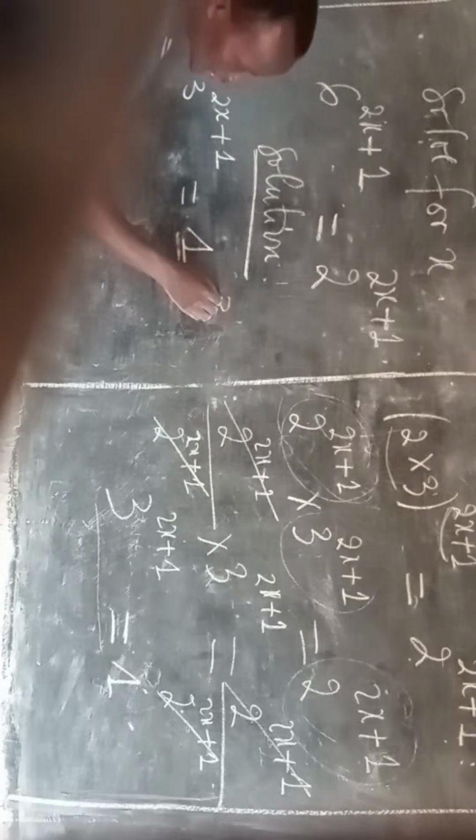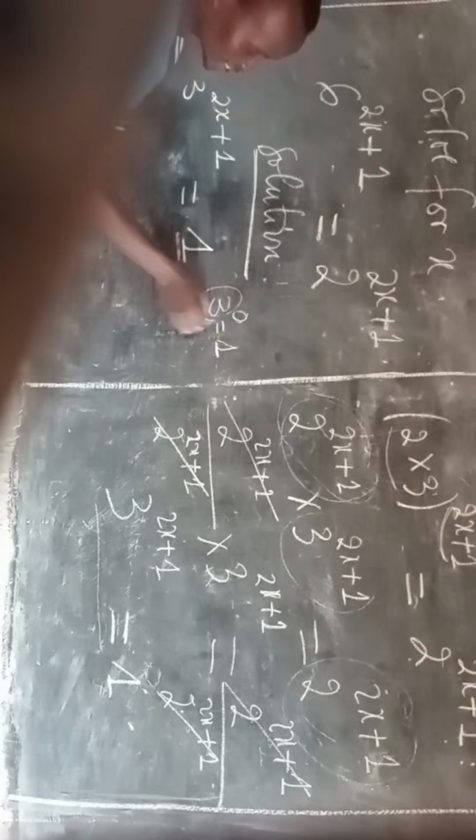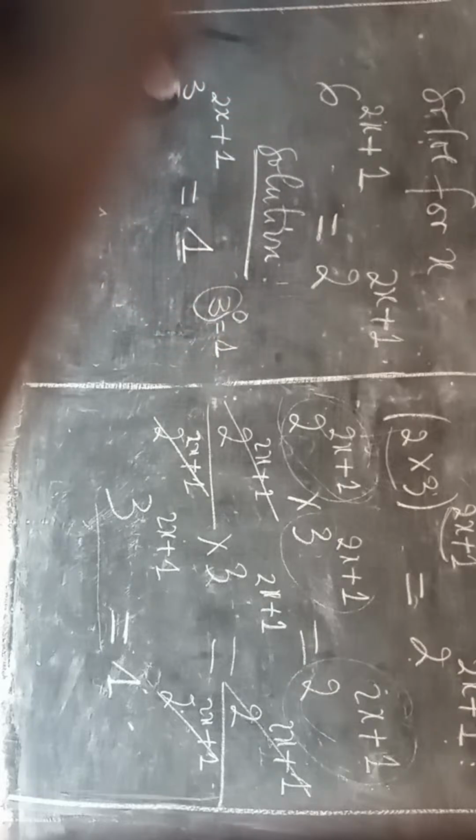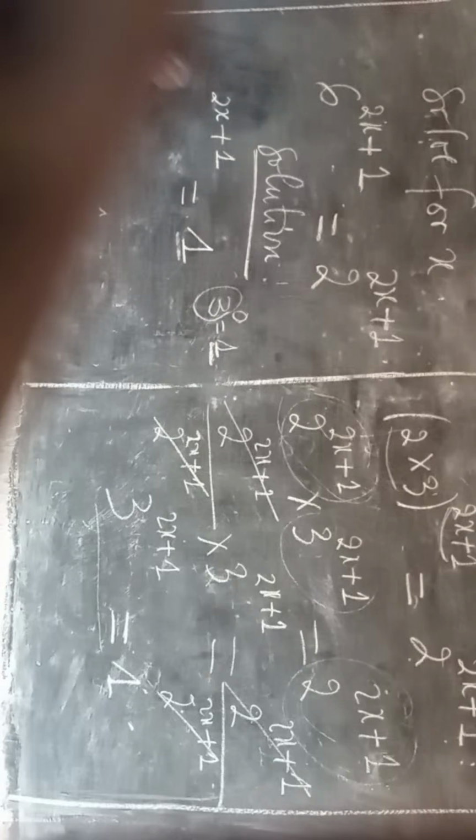Now we need to write 3 power 0 is equal to 1. Why do we write 3? It is because here we have this base 3. 3 power 0 is equal to 1. Now we remain with 3 power 2x plus 1 will be equal to 3 power 0. 3 power 0 is equal to this number.